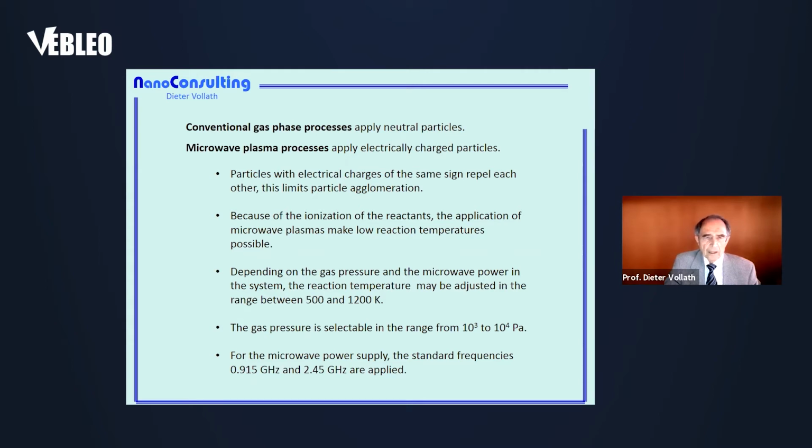To obtain appropriate results, the gas pressure is to be selected in a range between 1,000 and 10,000 Pascal. Now, for the microwave power supply, one may use the standard frequencies, 0.915 gigahertz for larger equipment, and 2.45 gigahertz, the so-called kitchen frequency, for laboratory equipment.